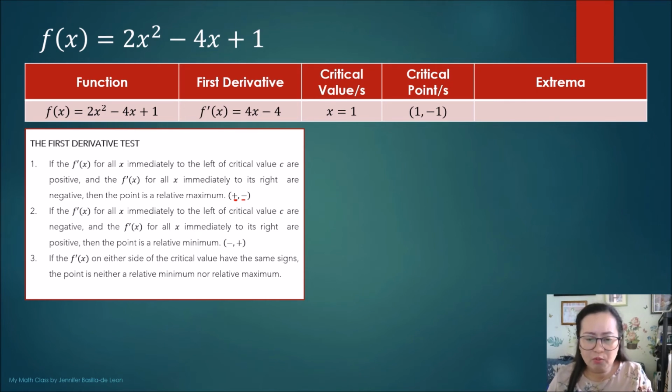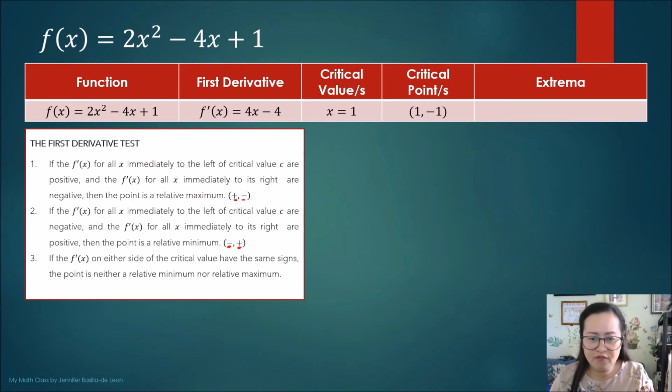So after evaluating, we would get a negative value using a point on the left of the critical value, and then a number at the right of the critical value would give a positive result.